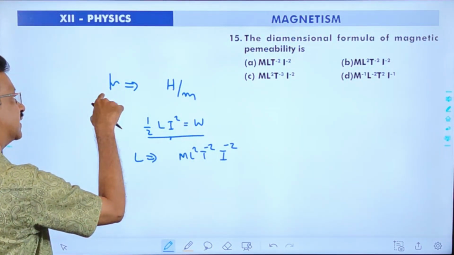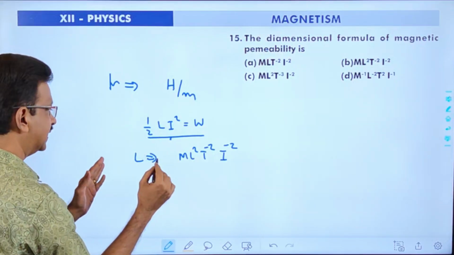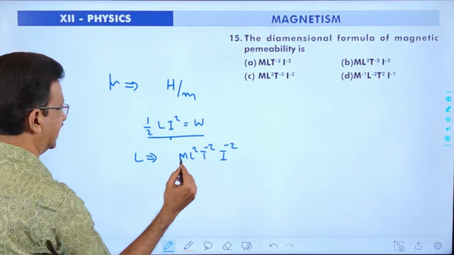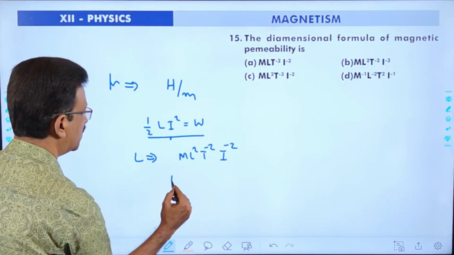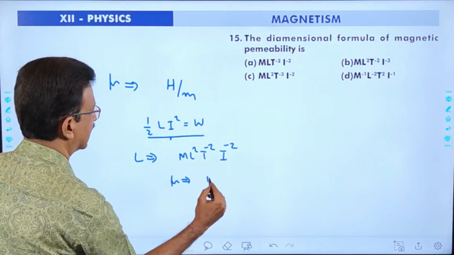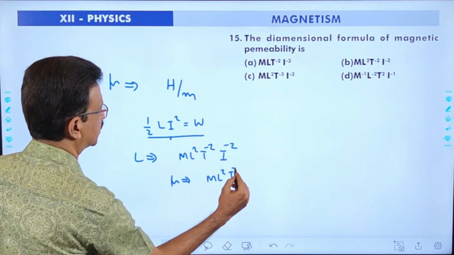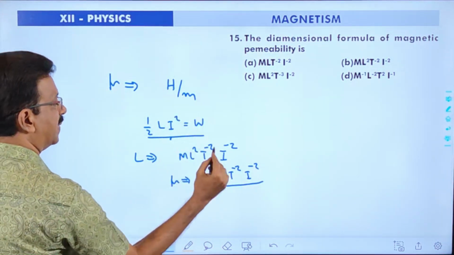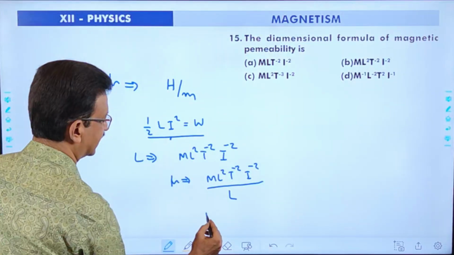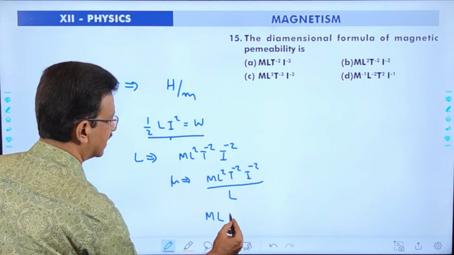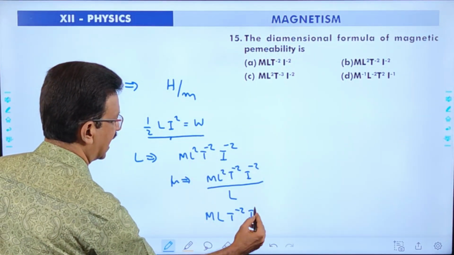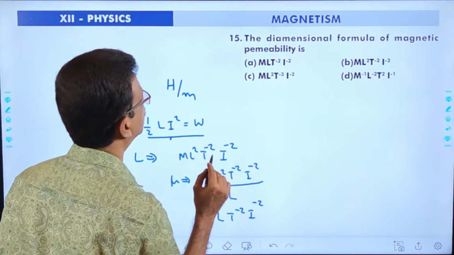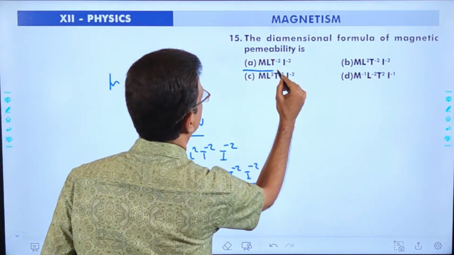Henry per meter is the unit of permeability, means this dimensional formula divided by the dimension of length. Therefore, mu has a dimensional formula M L square T raised to minus 2 I raised to minus 2 divided by a length, that is M L T raised to minus 2 I raised to minus 2.